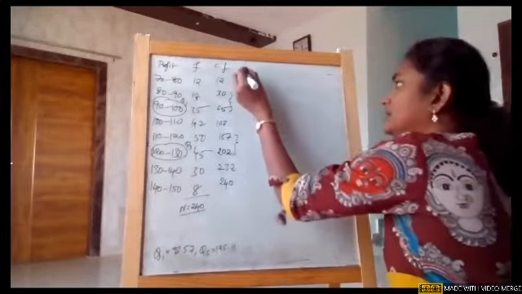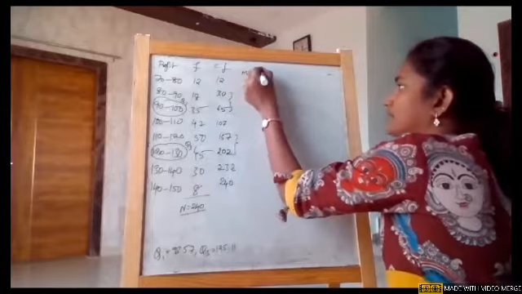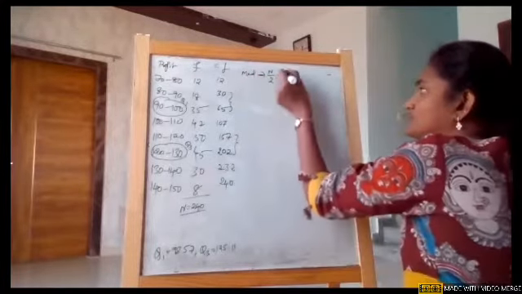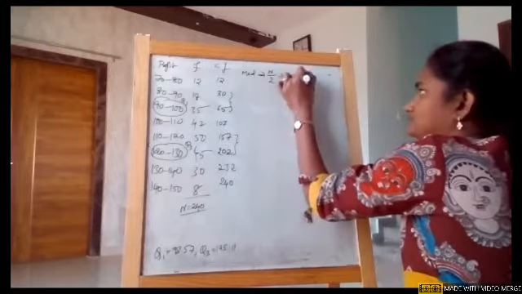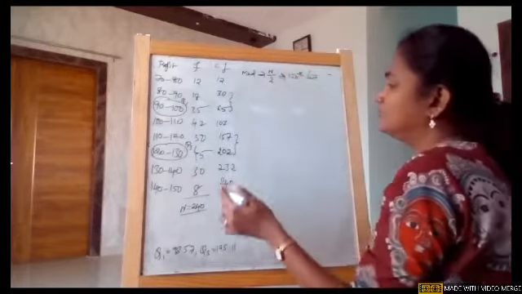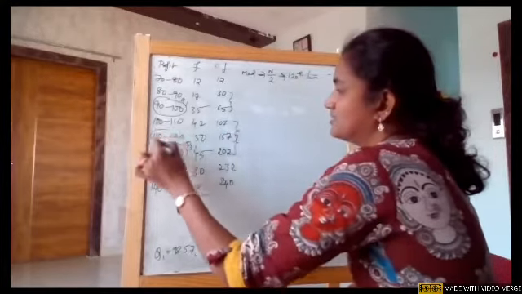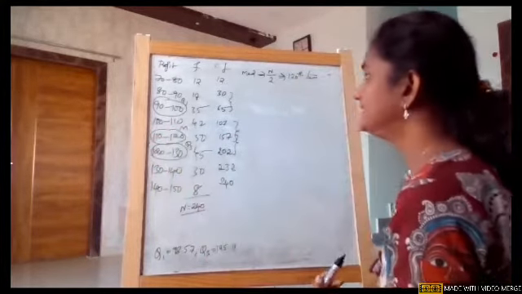So now the median. For the median, it is n by 2. So n by 2 is 240 by 2, which is the 120th item. When it is the 120th item, it is ranging between 107 and 157. So this will be your median class.